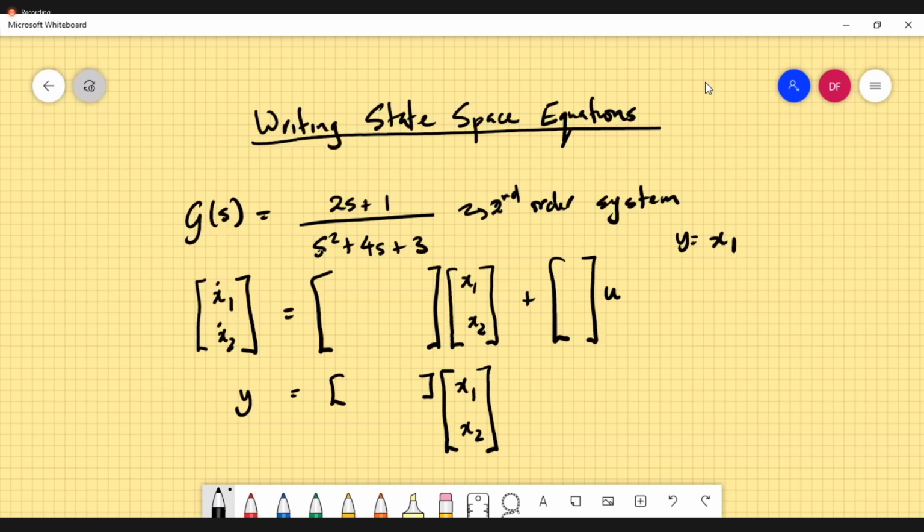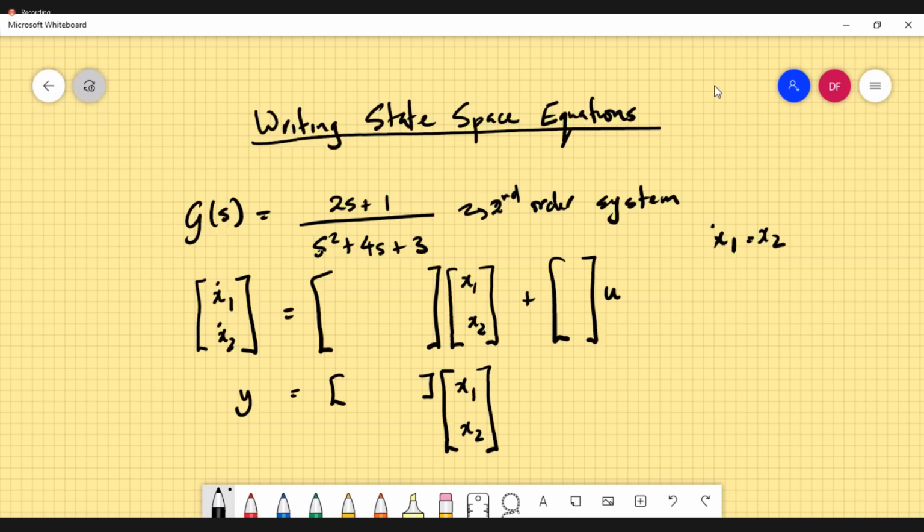We're writing this assuming that x1 gives us our y, or some form of our y, and x1 dot gives us x2 in some way.